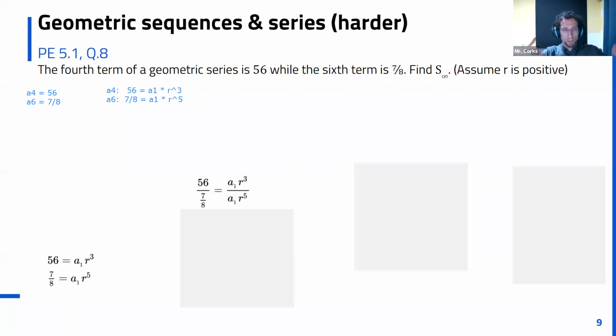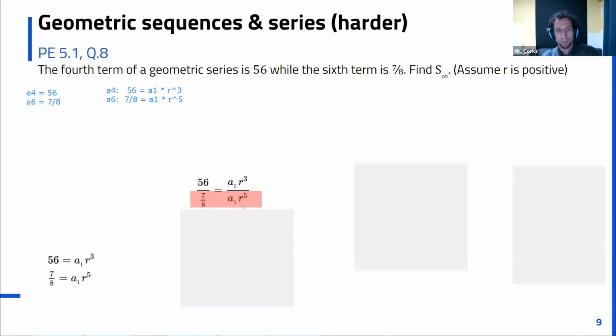Just like we talked about before, the two sides are equal. If I take the first one, 56 equals A1 times R cubed, and 7/8 equals A1 times R to the exponent 5, we don't know what A1 and R are, but we know that the two sides are equal, so it's balanced.